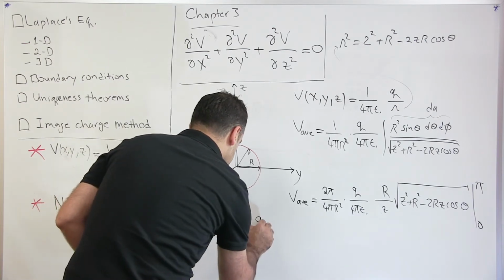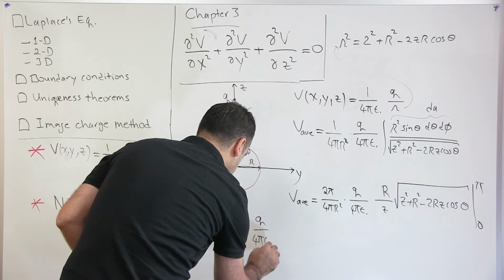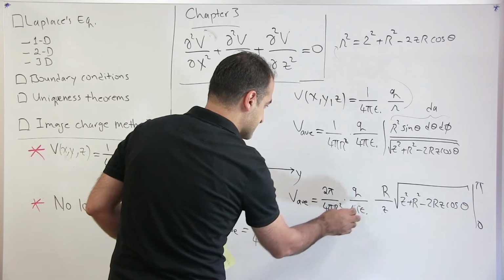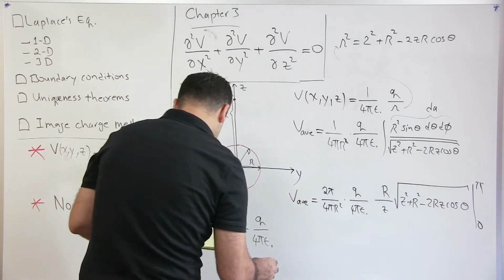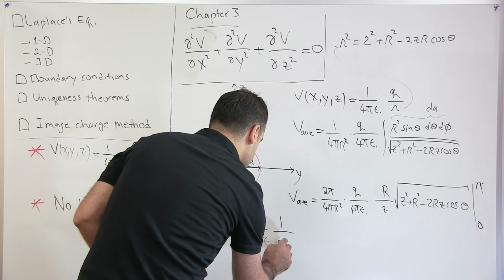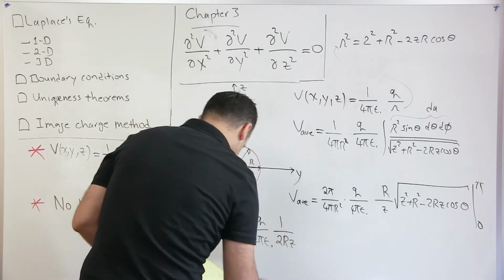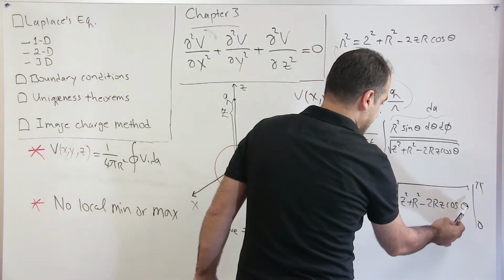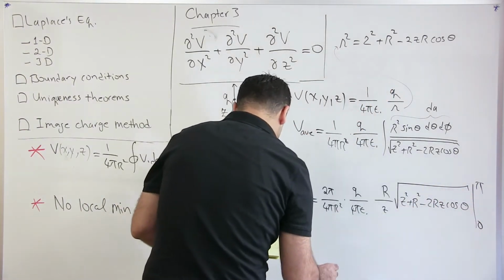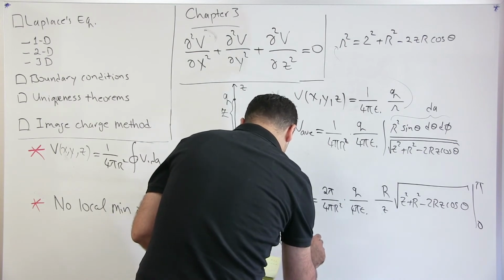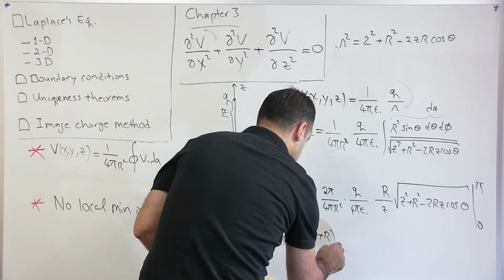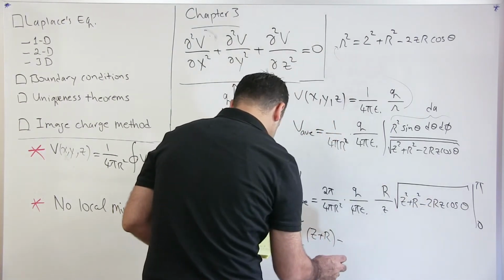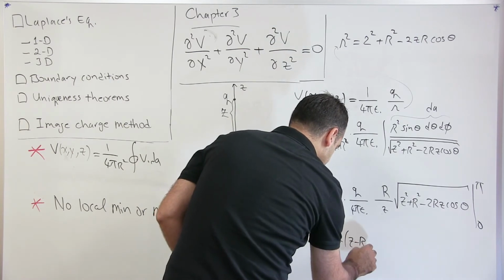If we simplify a little bit, it's going to be Q over 4 pi epsilon 0. 2 pi and 4 pi cancel out, R cancels out with R. It becomes 1 over 2RZ times, if we use the values of theta at pi and 0, we get Z plus R, because we get Z squared plus R squared plus 2RZ, and then minus Z minus R here.